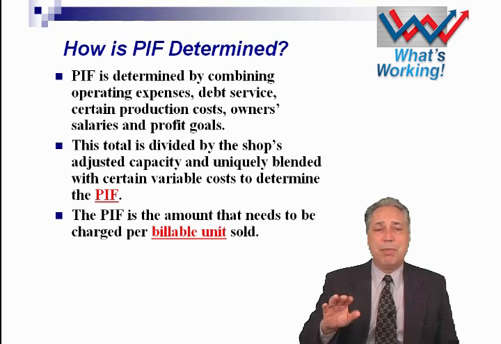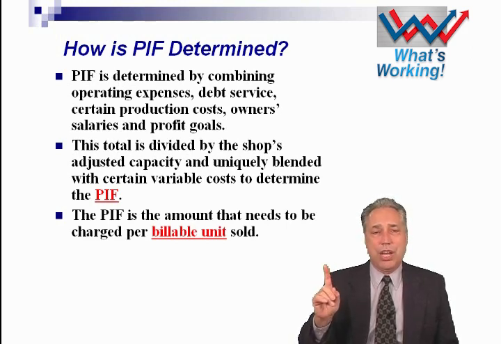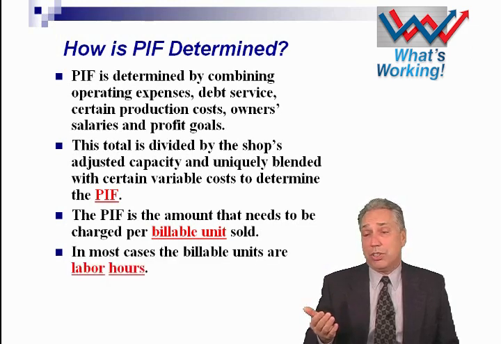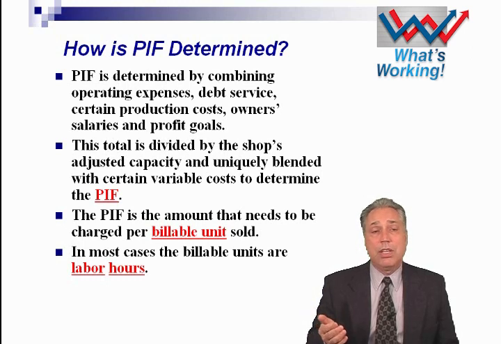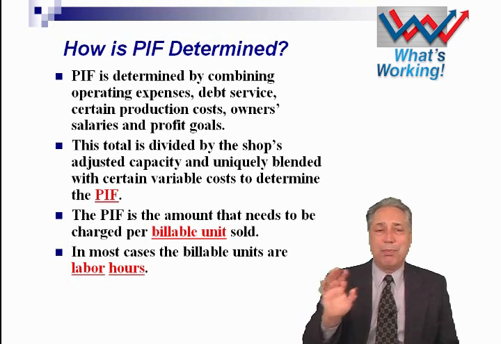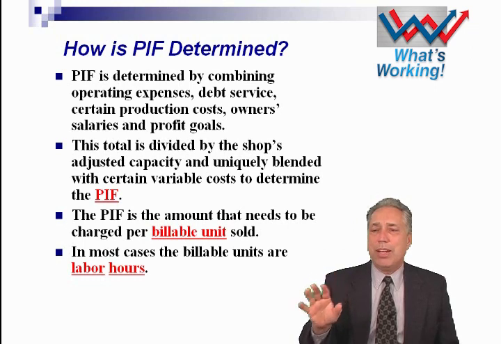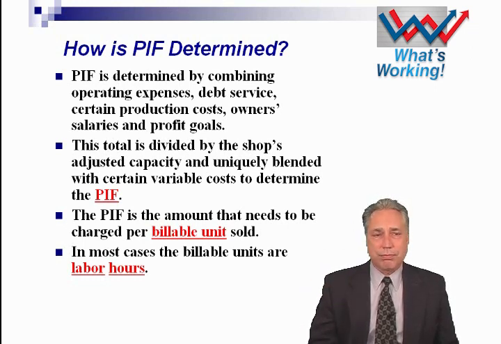The PIF is the amount that you actually need to charge per billable unit that you sell. Now, in most businesses, and especially in the case of automotive repair, the billable units are labor hours. Now, that number has nothing to do with your shop labor rate. It is a management or a financial management factor that's used to determine profitability.